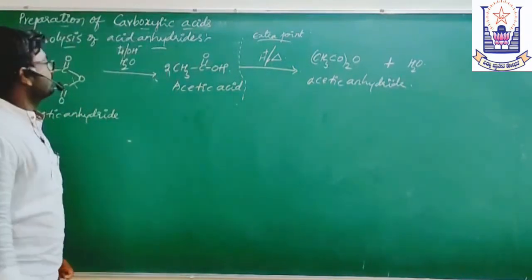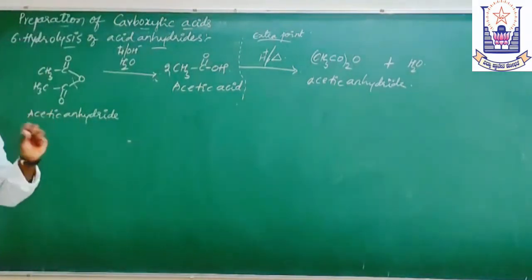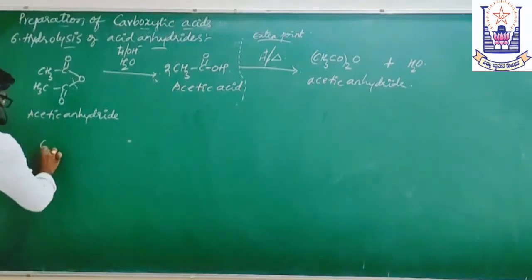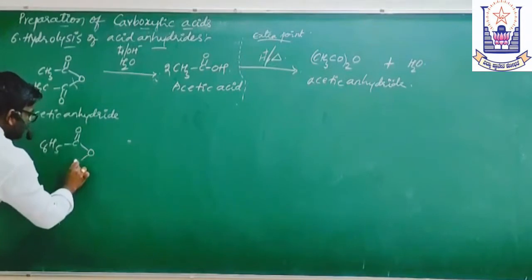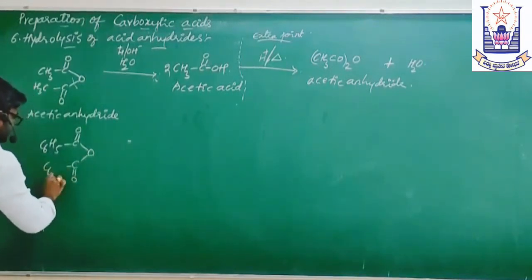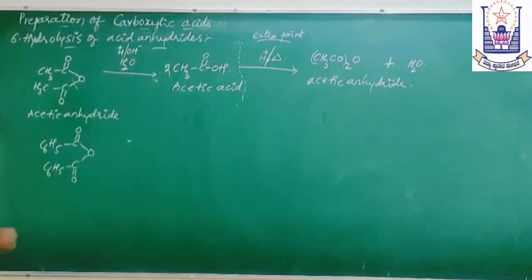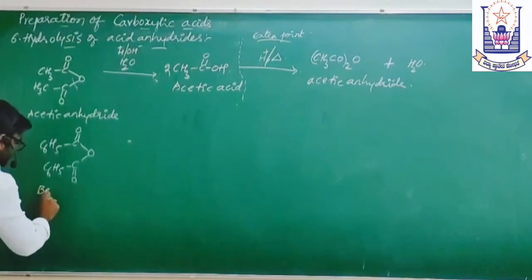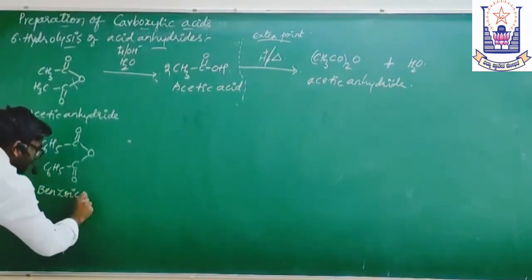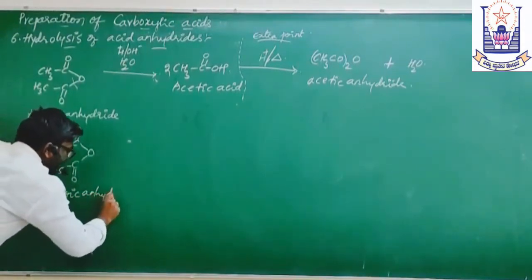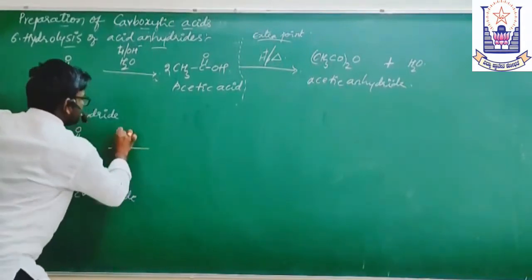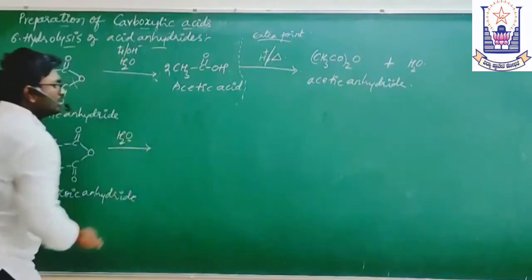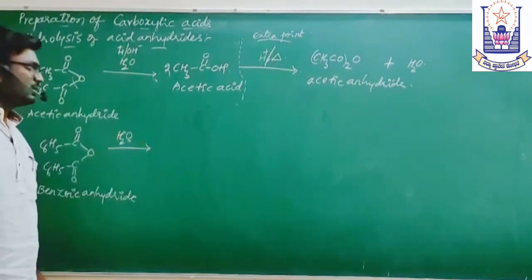If you take benzoic anhydride, C6H5-C=O-O-C=O-C6H5, this is called benzoic anhydride. When benzoic anhydride is hydrolyzed, it gives benzoic acid.